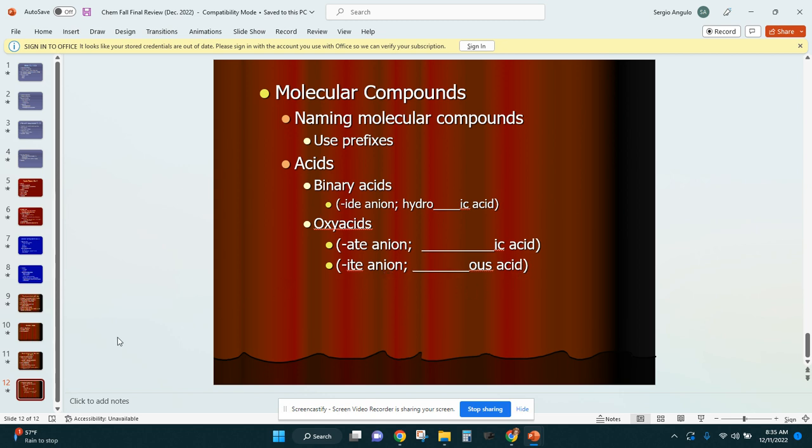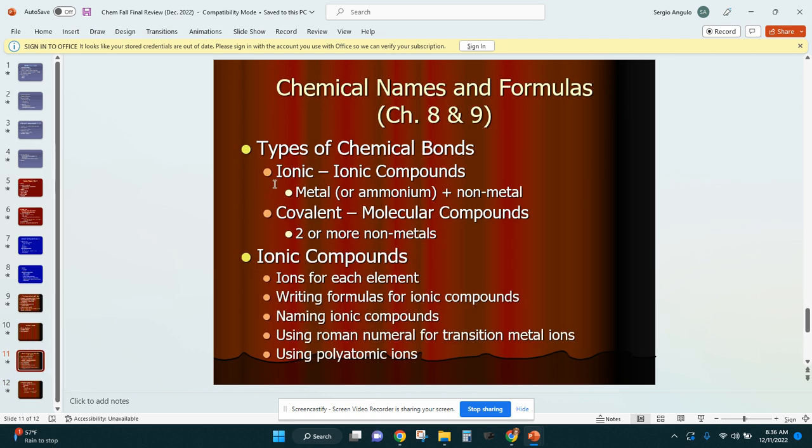Okay. One last thing I think I missed over here. You should be able to tell some of the basic property differences between ionic and molecular compounds. We went over this in class on the last PowerPoint, but ionic compounds come as crystal lattices, whereas molecular compounds form molecules.